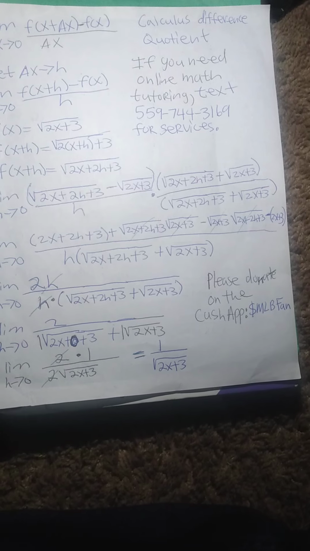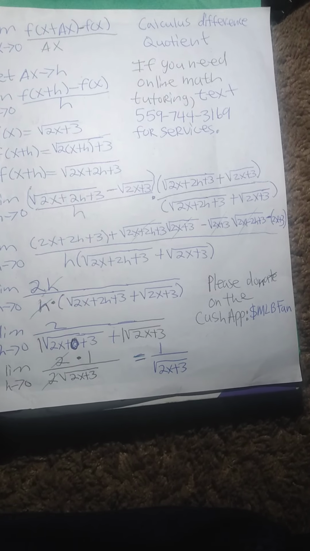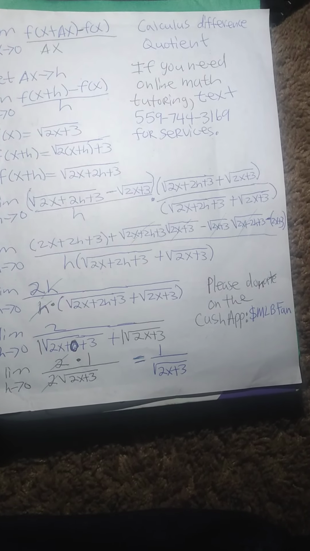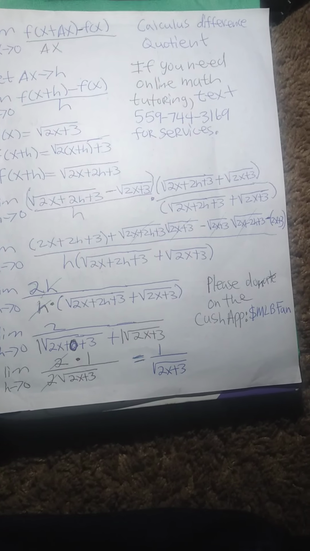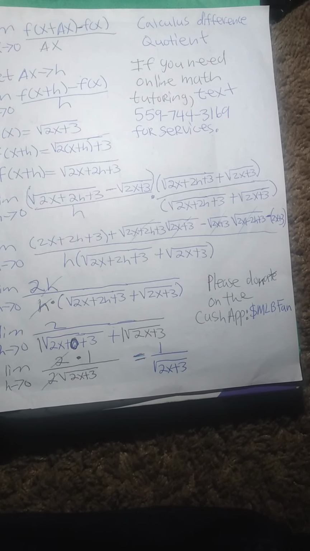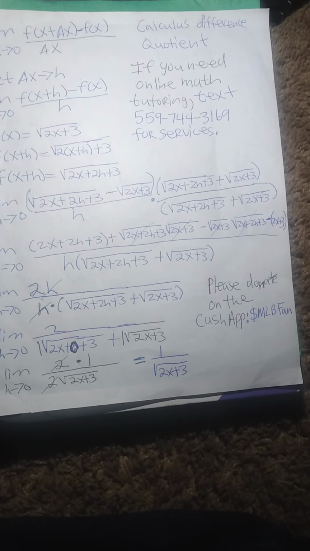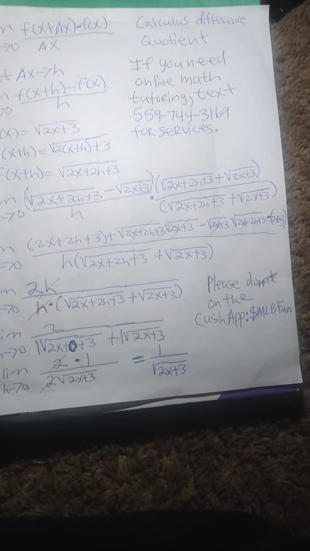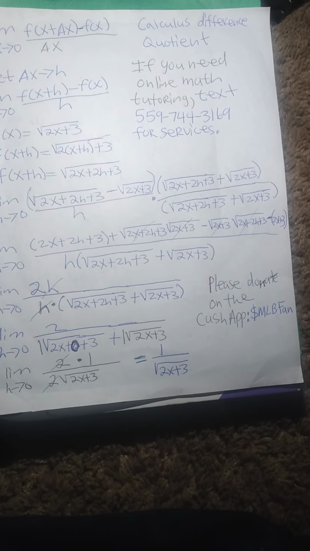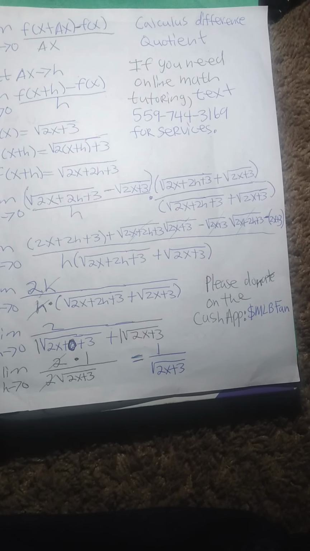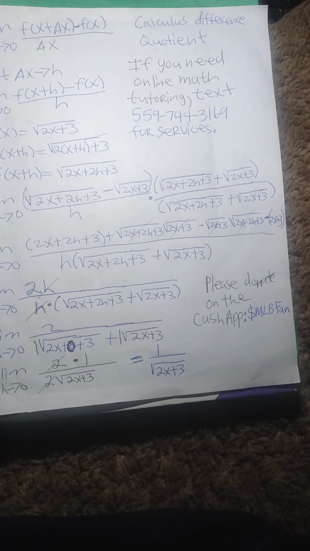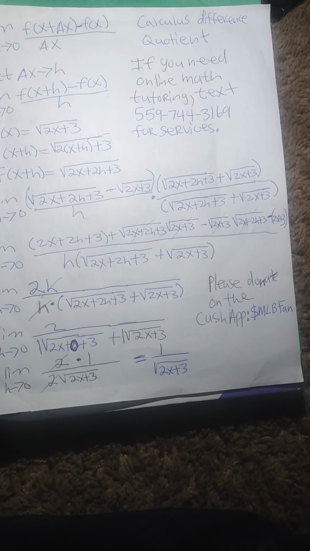And then the square root of 2x plus 2h plus 3 multiplied by the square root of 2x plus 3. As you see, that's the second set of multiplication that is occurring. Now we need to multiply the inner terms.